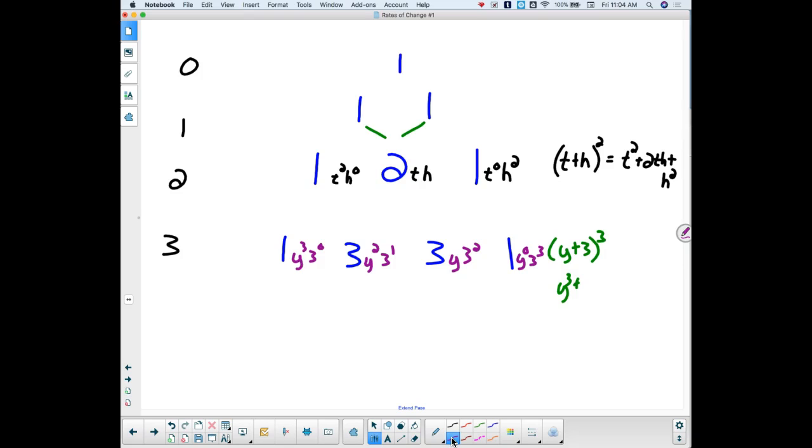So this is going to be 3 times y squared times 3, which is 9y squared. This one's going to be 3 times y times 3 squared. 3 squared is 9 times 3 is 27. And then that one's just going to be 3 cubed, which is 27.